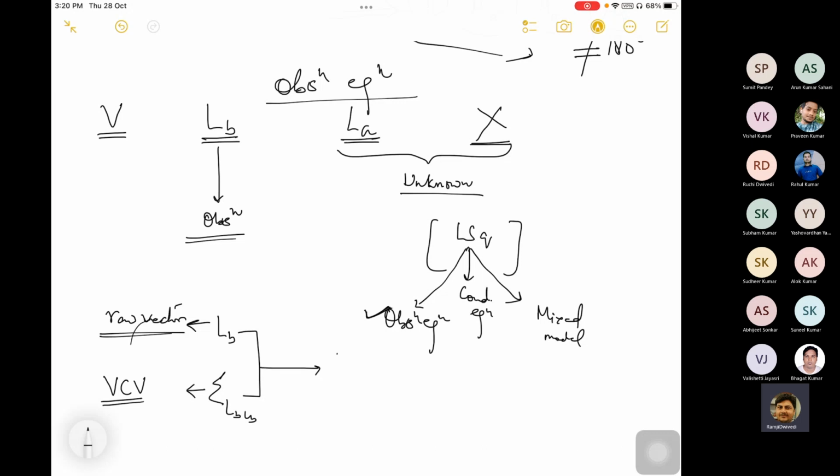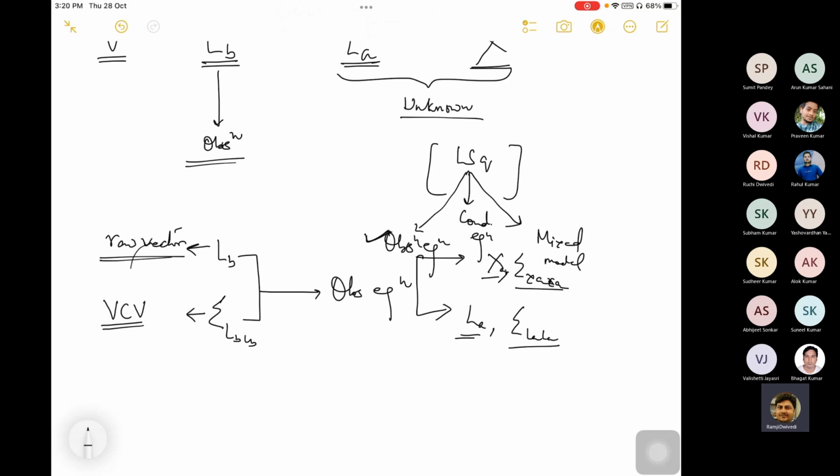That goes into this observation equation model, and you are getting the XA, which is the parameters, sigma XA, which is the variance covariance matrix of the adjusted parameters, and LA as well as the variance covariance matrix of the adjusted observation. So what you are inputting into the system is the raw observation and the variance covariance matrix, and what you are getting is the adjusted parameters, and the variance covariance matrices associated with the adjusted parameters and the adjusted observables.